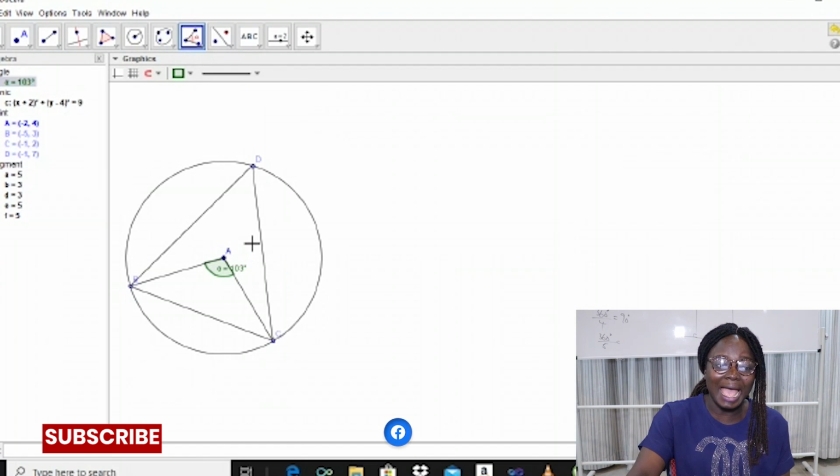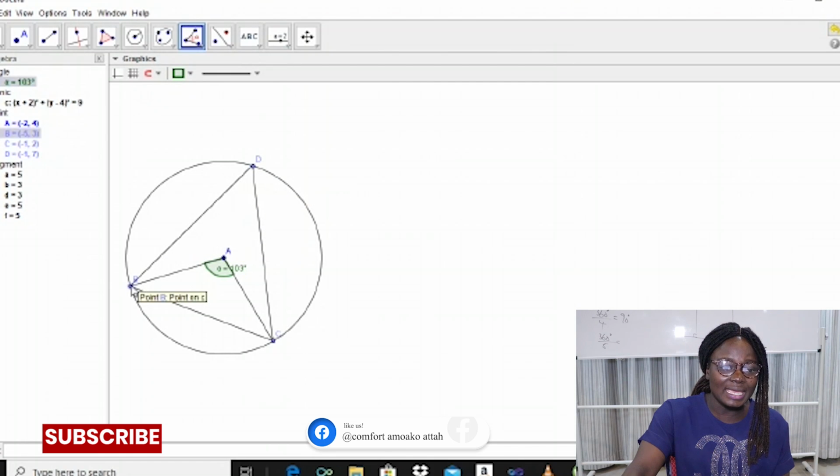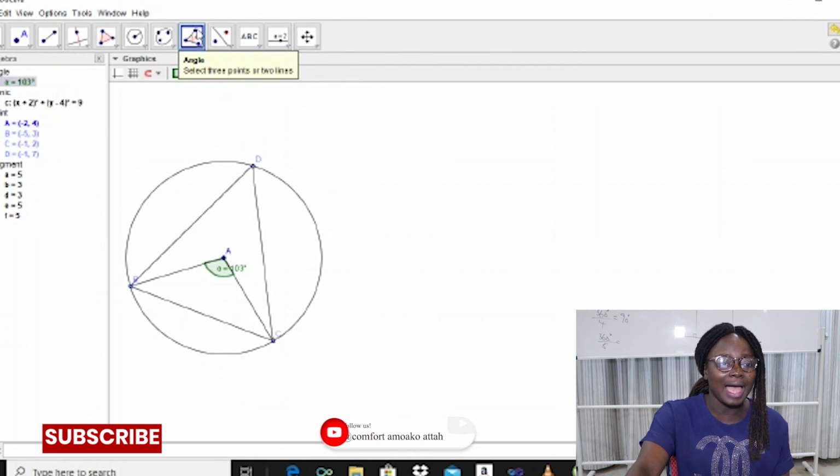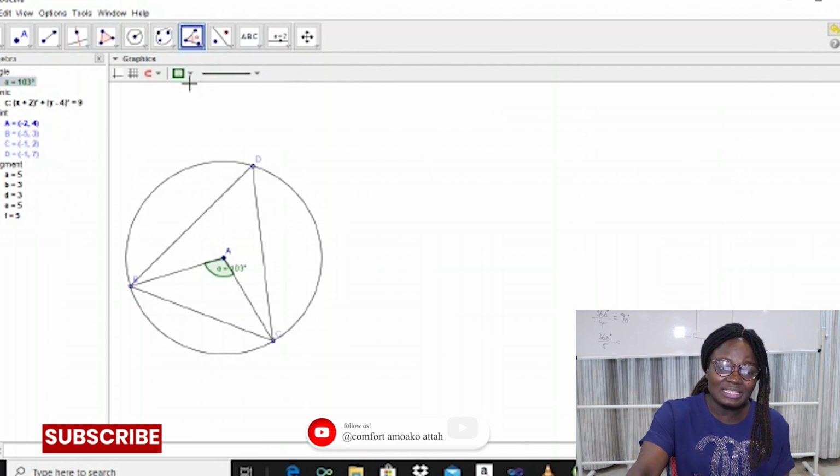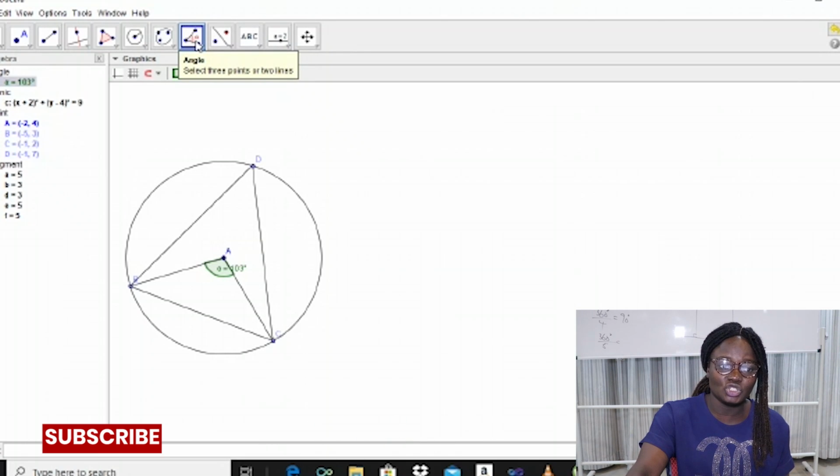Let's measure the angle at point D, that is angle B, D, and C. Since our angle tool is still highlighted, it means that it is still active. Always ensure that your tool is active, the one that you want.